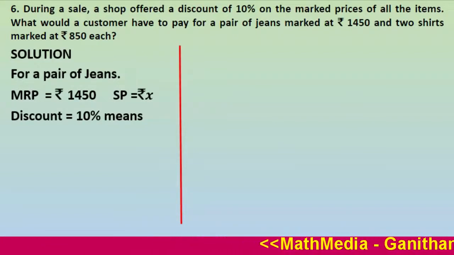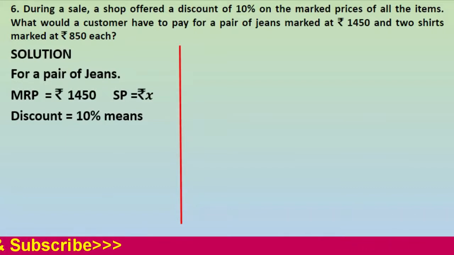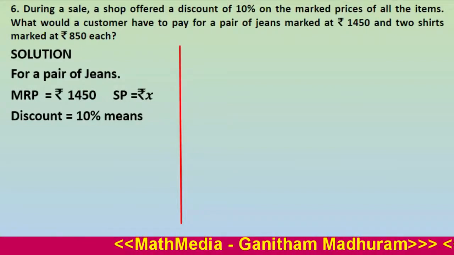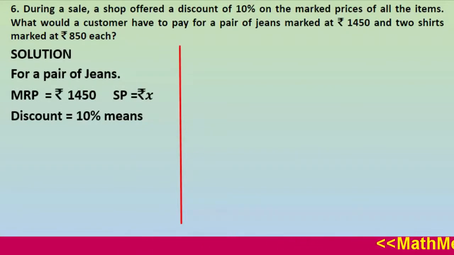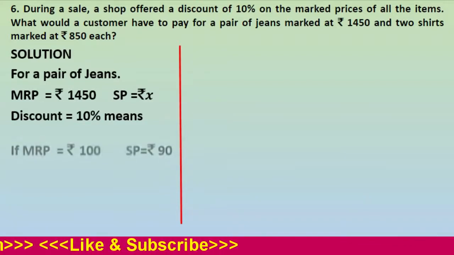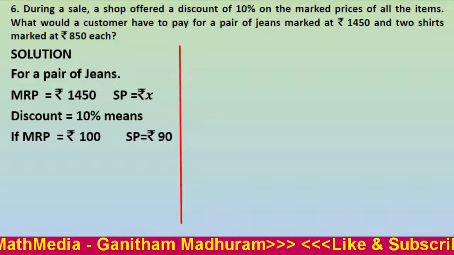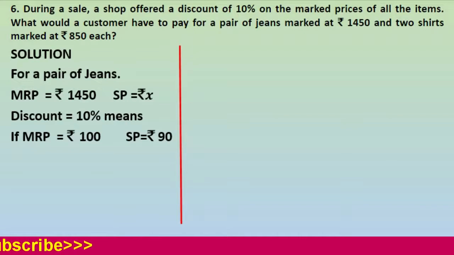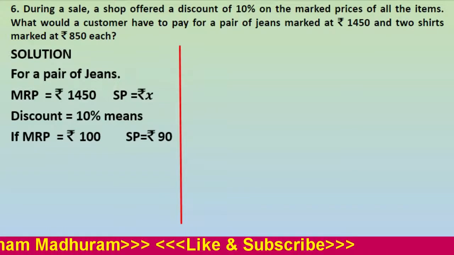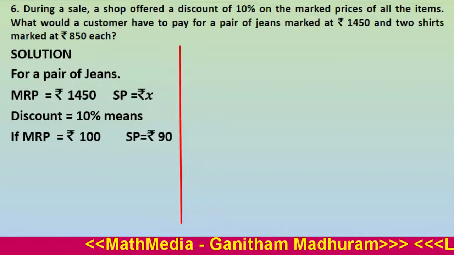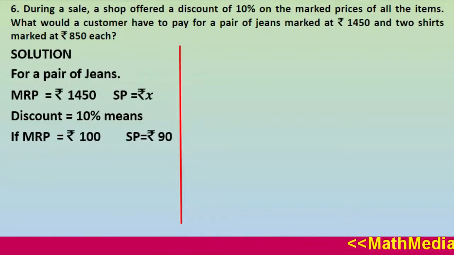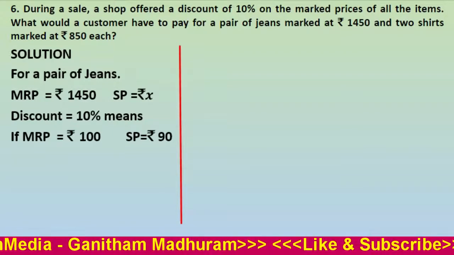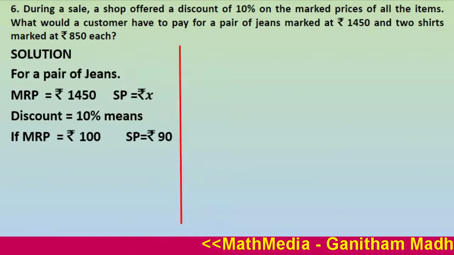So we subtract the discount from MRP: 100 minus 10 equal to 90. That means we have to give 10 rupees less than the MRP. So the selling price will become 100 minus 10, rupees 90. Is it clear?